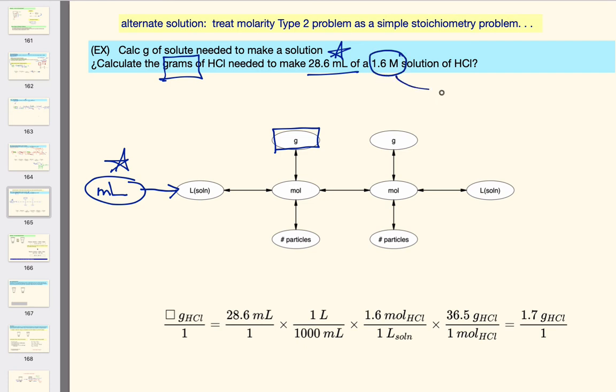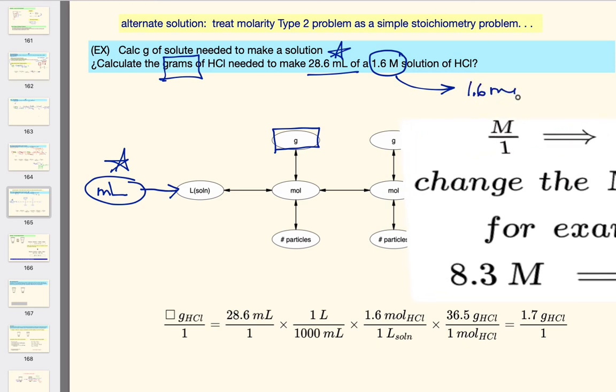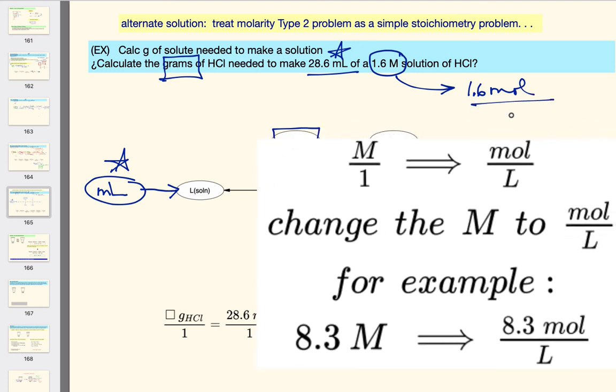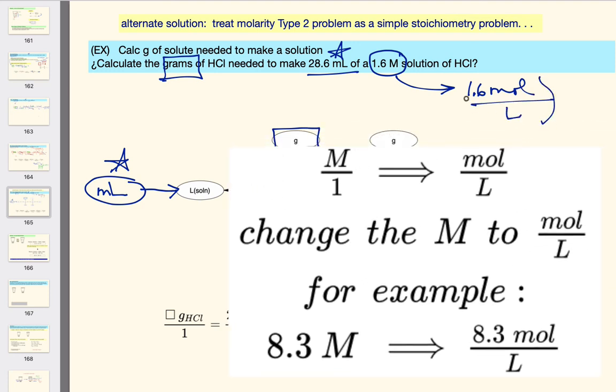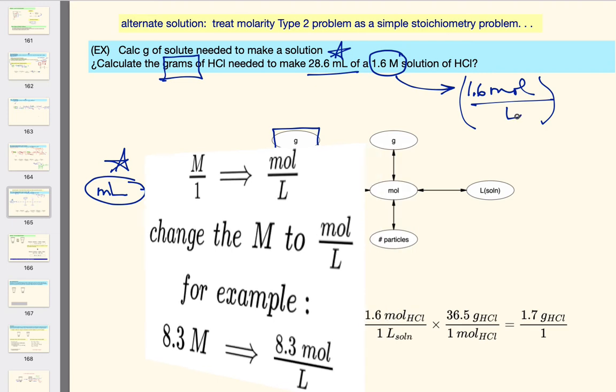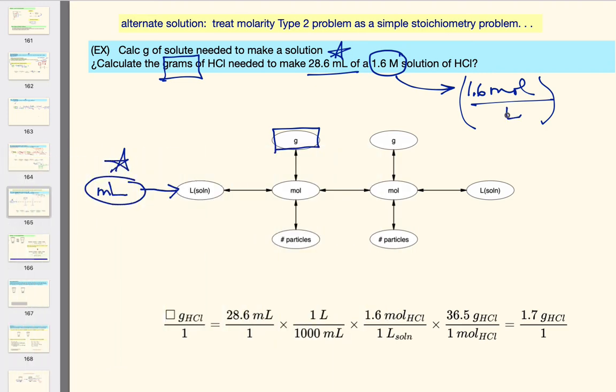This is a molarity type 2 problem, and one of the first things we need to do, of course, is write molarity as a conversion factor. Drop the M and write moles per liter. Okay, with that, we can now work the problem. Notice, I've been saying treat molarity as a conversion factor. Where does it show up on here? Well, it's the conversion factor that gets us from liters to moles.